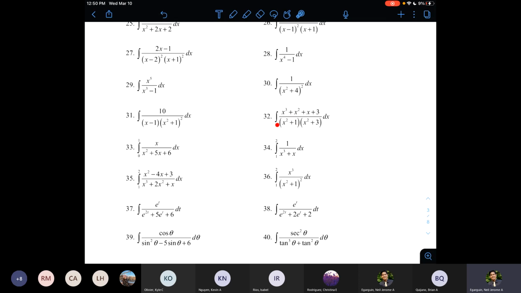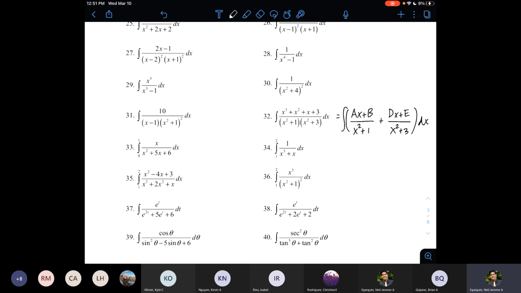So in the partial fraction decomposition, x squared plus 1 will have a linear numerator, as well as x squared plus 3. So basically, as a sneak peek, this will be the integral of a generic linear function over x squared plus 1 plus another generic linear factor over x squared plus 3.